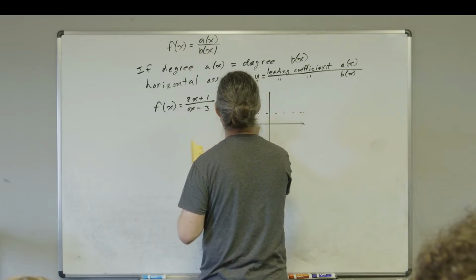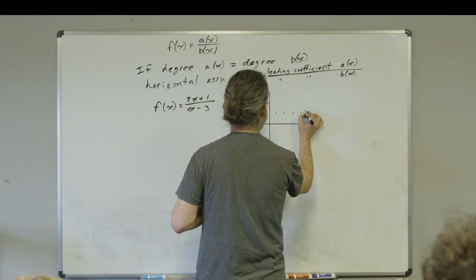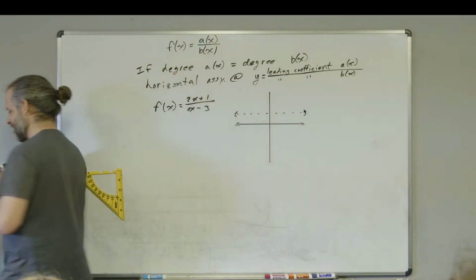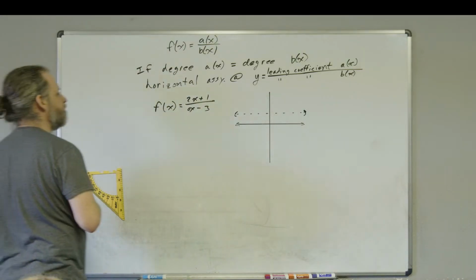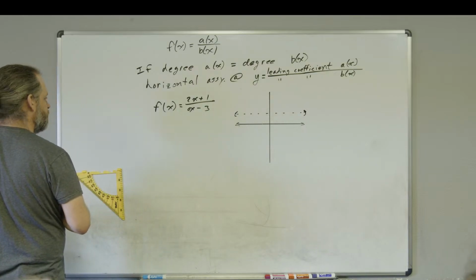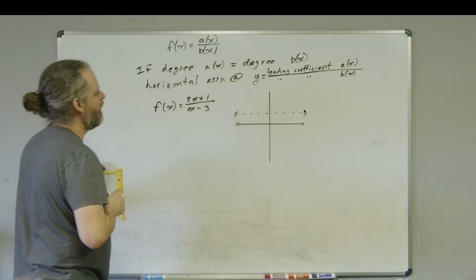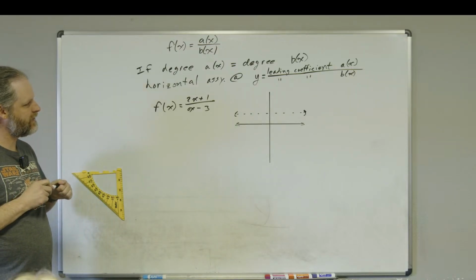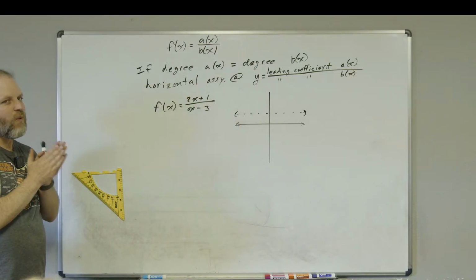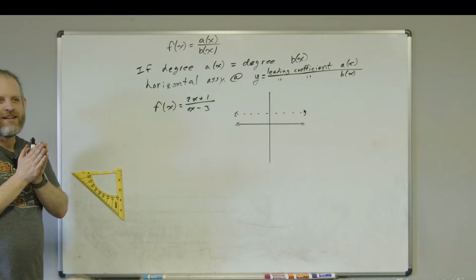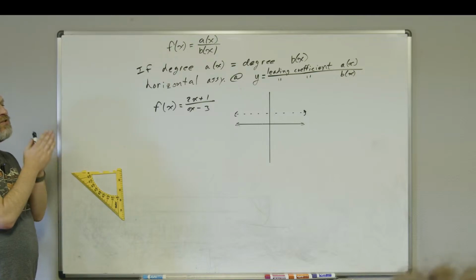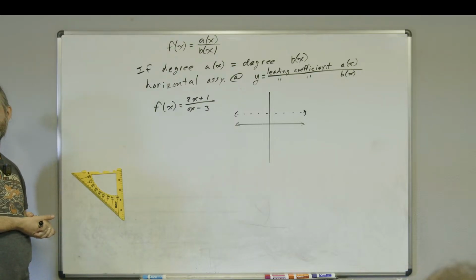They don't always. We haven't even talked about vertical asymptotes or oblique asymptotes. Where would the vertical asymptote on this be?